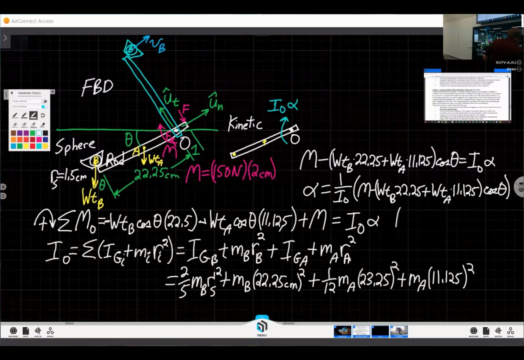For notation's sake, I'm going to define a K here. I would think it'd probably be best to say that K is this expression right here.